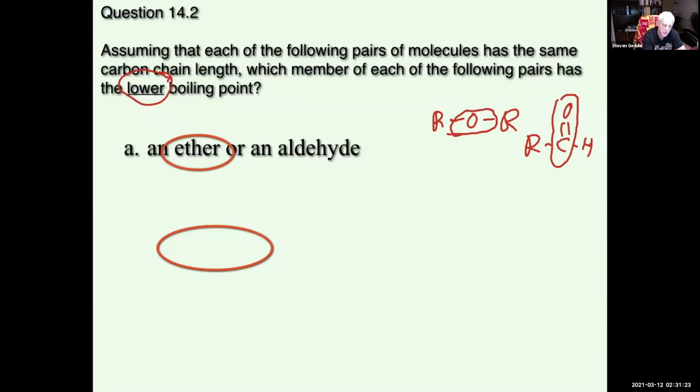This one, the oxygen only has one R group attached to it, so this one's going to have a stronger attachment because it's not being shared. It's not pulling those electrons and distributing them across. The electrons are all concentrated right there. So this one's going to be more polar. It's a more polar functional group. So if it's more polar, it's going to have a higher affinity to bind to molecules of its own kind. So the one with the lower boiling point is going to be the ether.